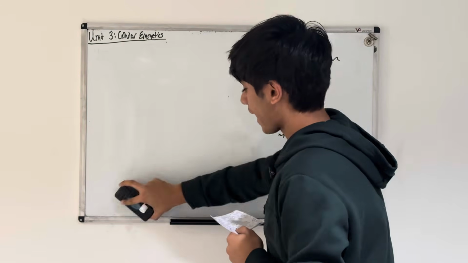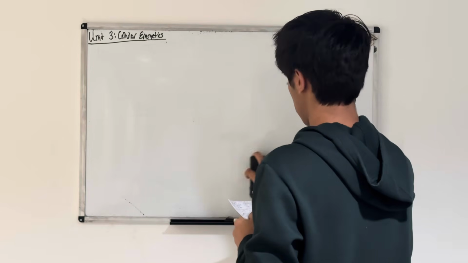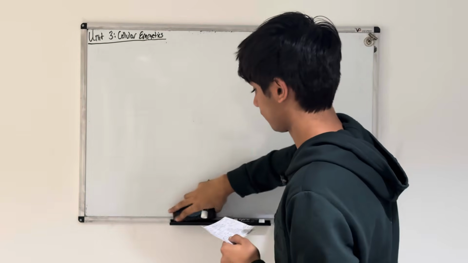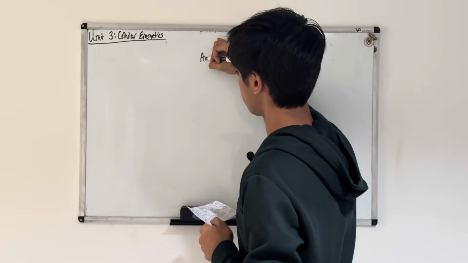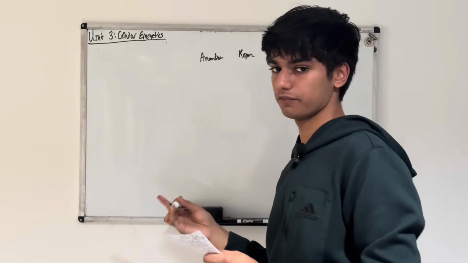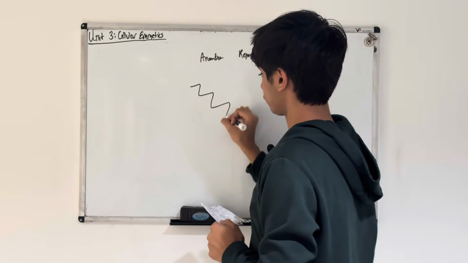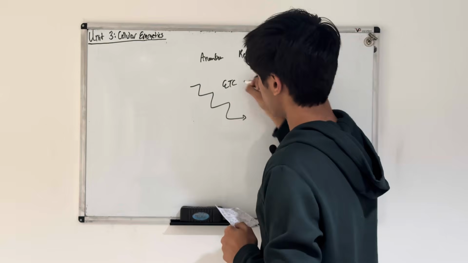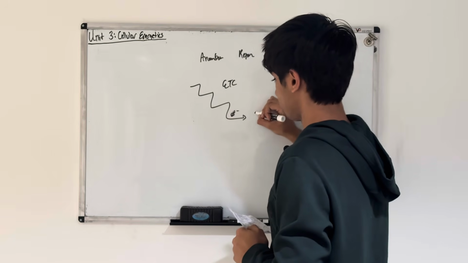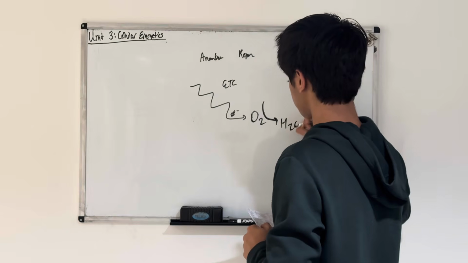And finally, for organisms that don't use oxygen, we have anaerobic respiration, which is respiration without oxygen, right? For regular cellular respiration, at the end of the electron transfer chain, the electron is fixed to oxygen and becomes H2O, right?